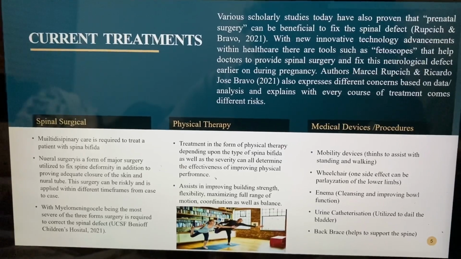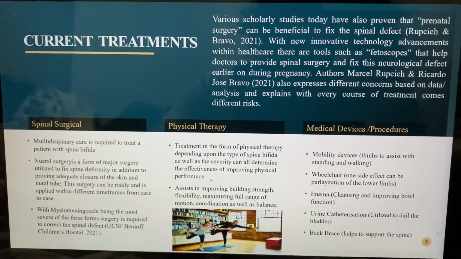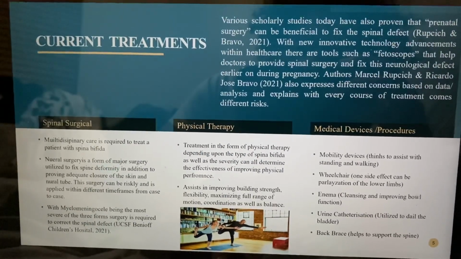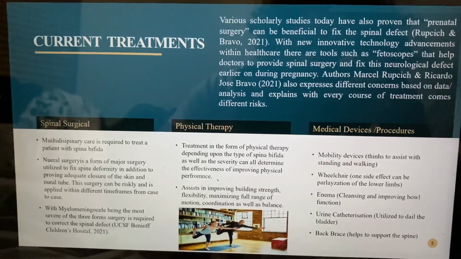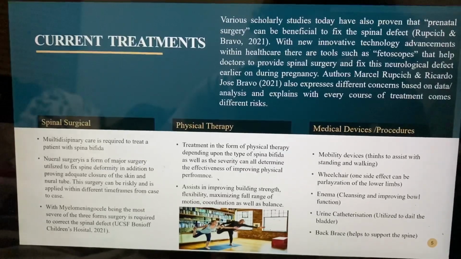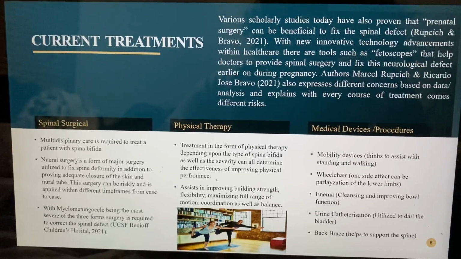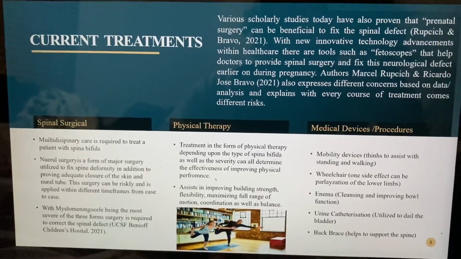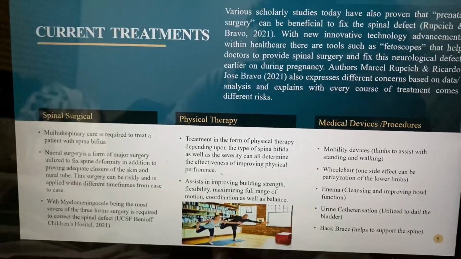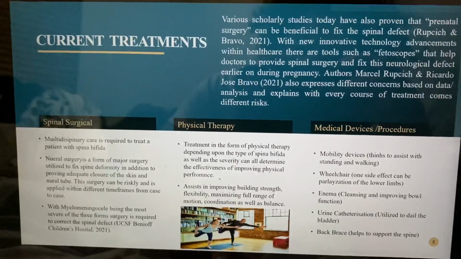With spina bifida, there are multiple levels of care that are required in order to treat this particular condition, stepping into myelomeningocele being the most severe, this form actually requires correction of the spinal defect, which means surgery is the main option. Then we get into the devices that many will use based off of their conditions, that can be very important.